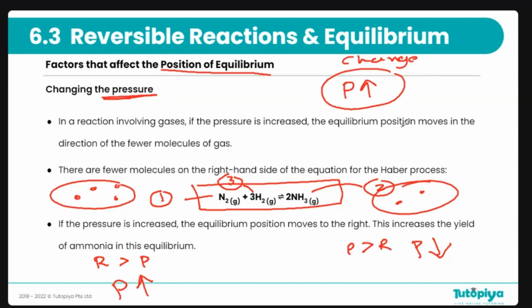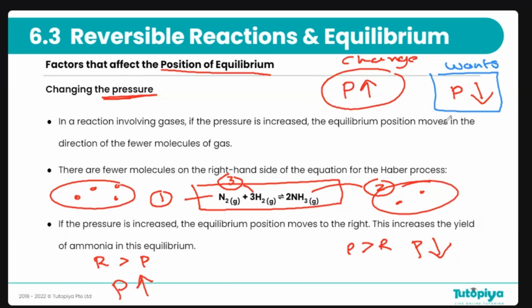The initial change is increasing pressure. So the equilibrium shift will happen to counteract this. So the equilibrium will change so that it would want to decrease pressure. With the equilibrium change, it wants to reduce the pressure.